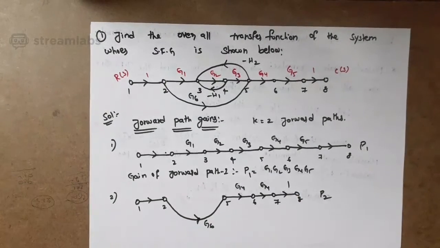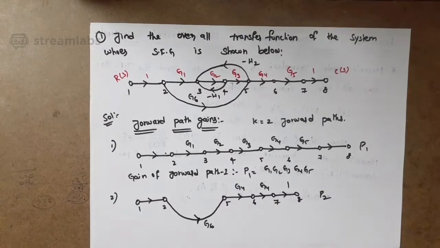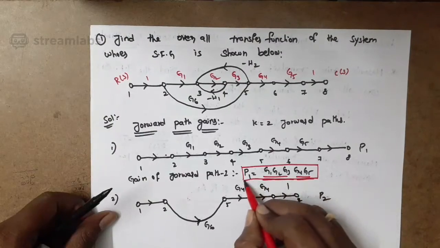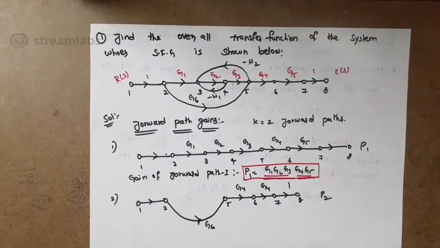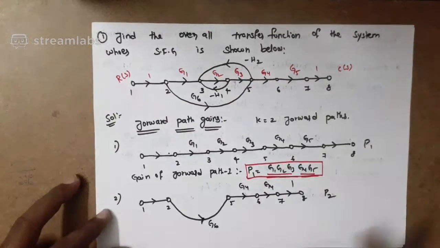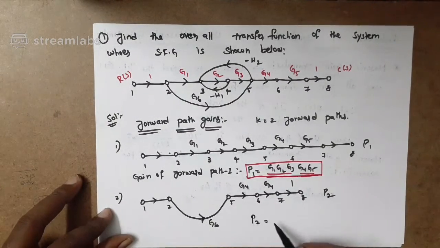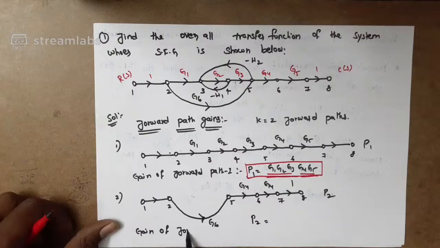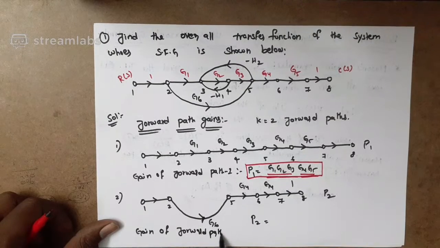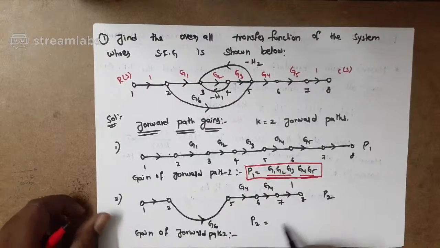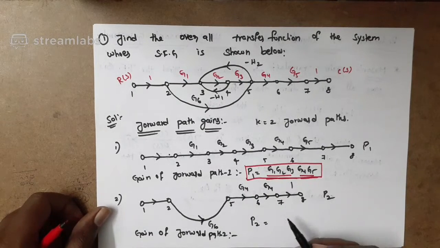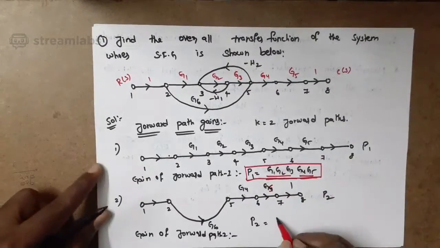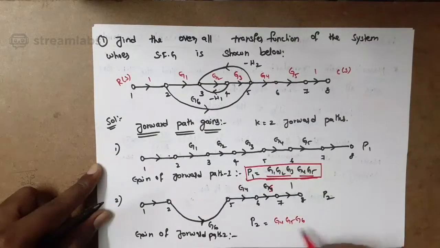This is the forward path gain P1. And the other one, P2, is the gain of forward path 2, which is G6, G4, G5.